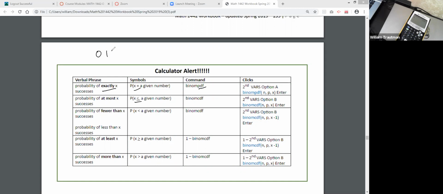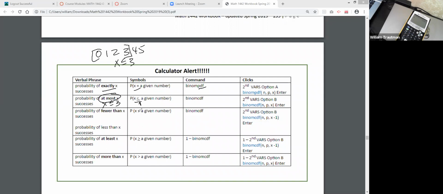If I had 0, 1, 2, 3, 4, 5, at most 3, that 3 is the most. Do you see? That would be x is less than or equal to 3. At most 3 means less than or equal to that number. They're showing that here.